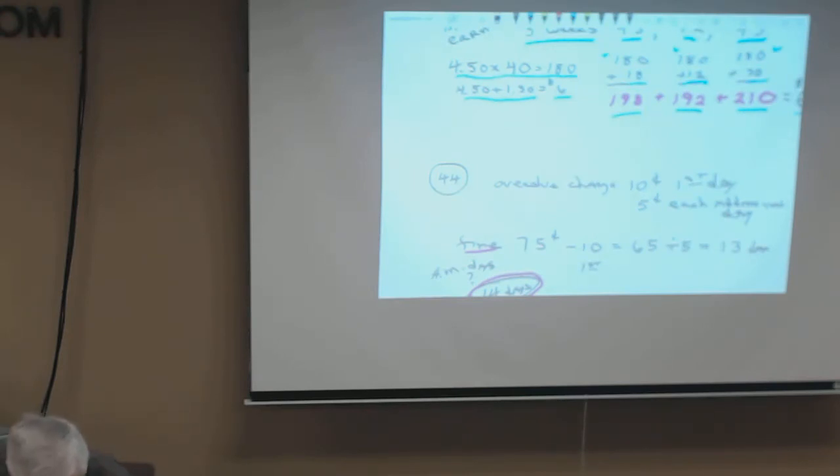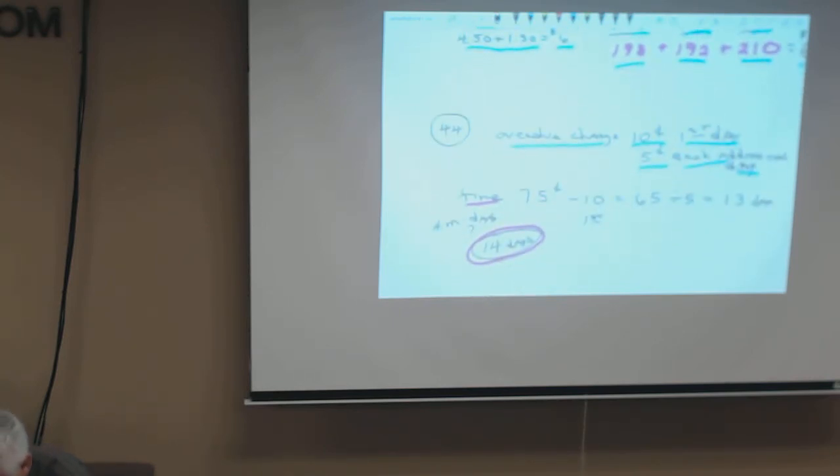Number 44, a library charges an overdue charge, 10 cents for the first day and 5 cents for each additional day. So the fine was 75 cents. I mean, that's what they're telling me. I'm just writing down what they're telling me. How many days overdue was the book? How many days is what they want me to find.